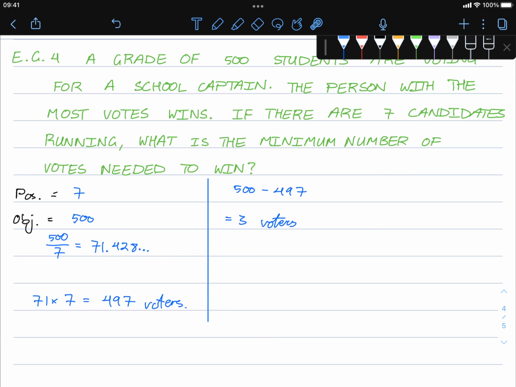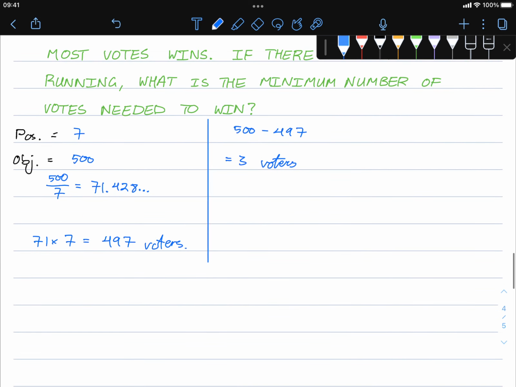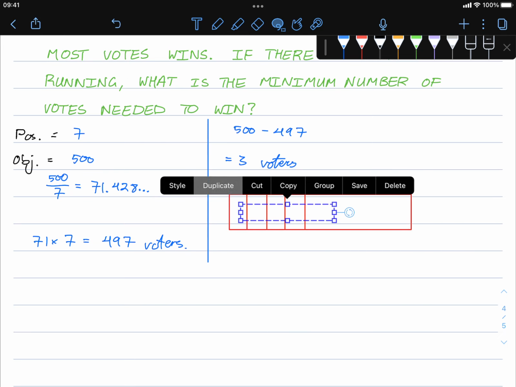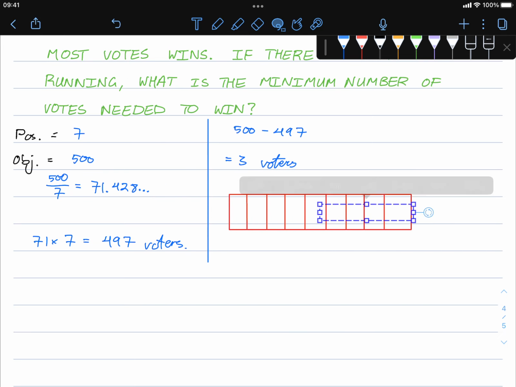Because actually, let's think about this now. Here are the 7 candidates. Let's put them here: 1, 2, 3, 4, 5, 6, 7.